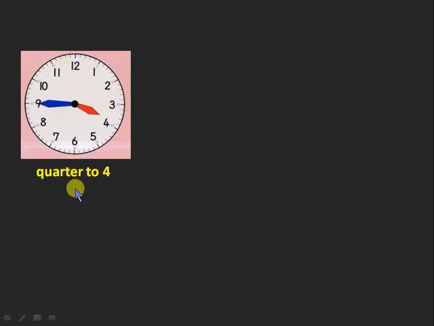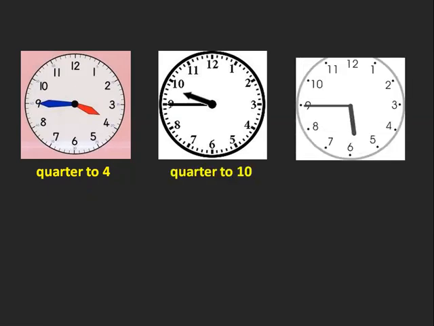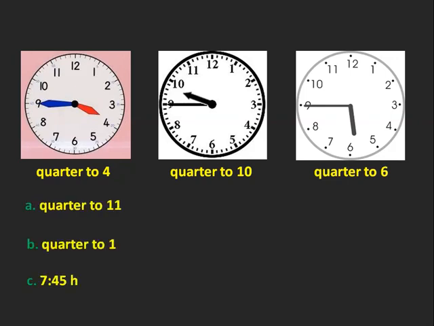Okay, you say here quarter to 4. Yes, very simple. Quarter to 10, quarter to 6. Now you have to draw quarter to 11, quarter to 1 and 7:45 hour in this clock face. Okay. Yes, the last question, 18:25 hour.